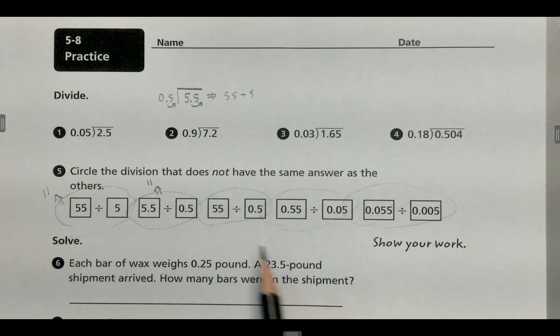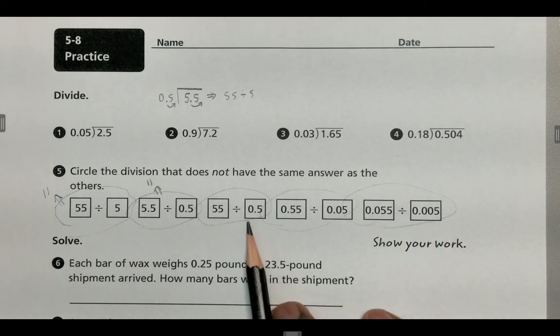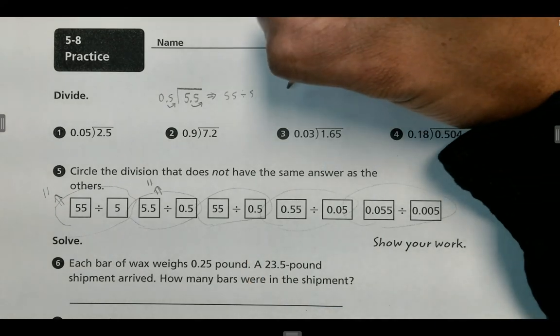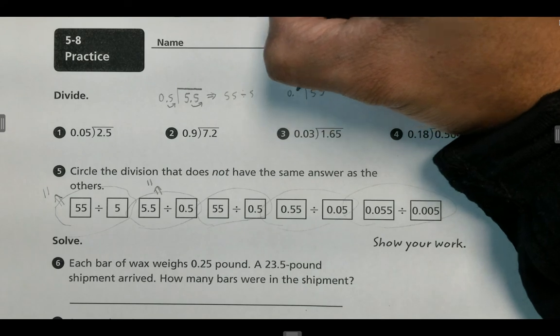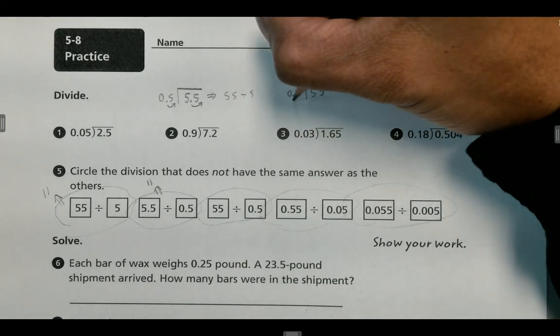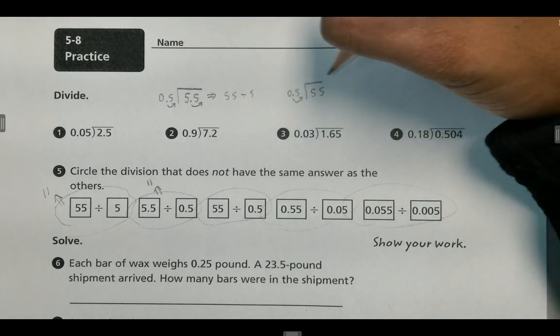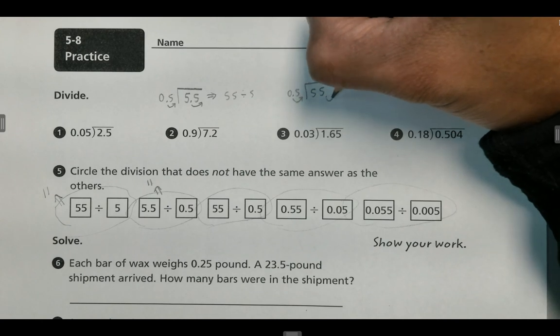3 to go. 55 divided by 5/10. Okay, so again, I'm going to write this out in long division form. 55 goes inside the bracket, 5/10 goes outside. How many pushes? One push. But then we need to make one push here.